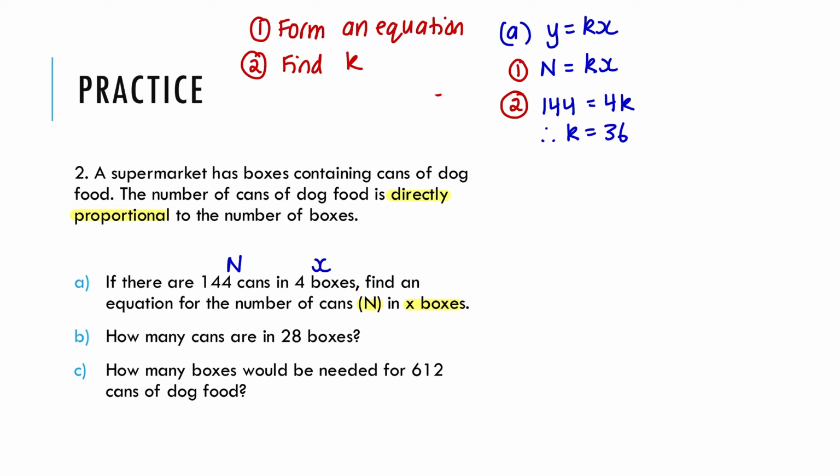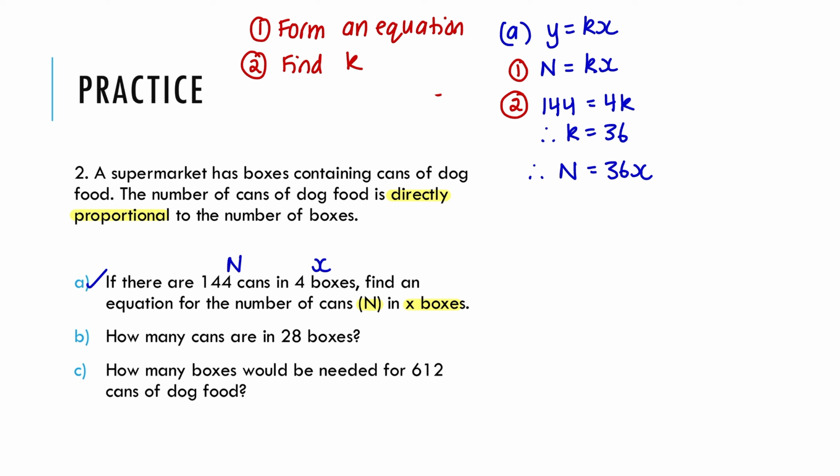So here, it says find an equation. So now, therefore, my equation is going to be capital N is equal to 36x. So this part here, yes, it's an equation, but notice here that I have to find K to make it the equation of this specific question. So that's my A done.